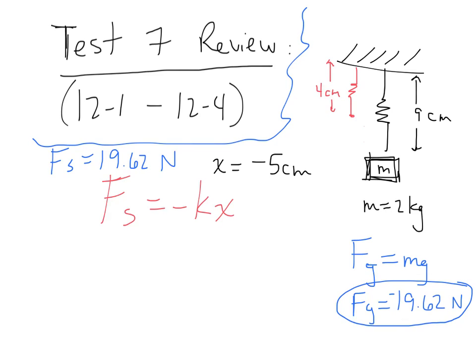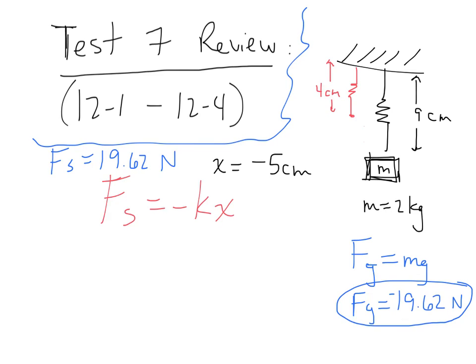Okay, so I'd be giving you, again, I would tell you that the free length is 4 centimeters. When a mass of 2 kilograms is hung from the spring, its length is now 9 centimeters. From this information, find K. So you're not given any of this, but you're given this, you're given this, you're given this, just in words.